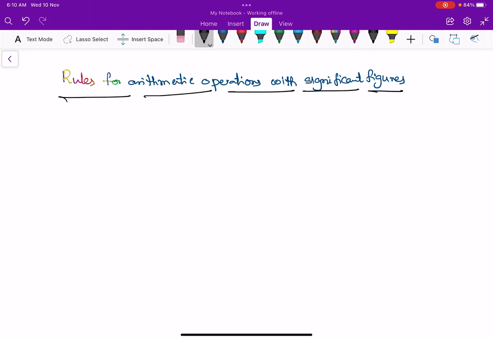First let us see addition or subtraction. In case of addition or subtraction, what rules are followed in the final answer?